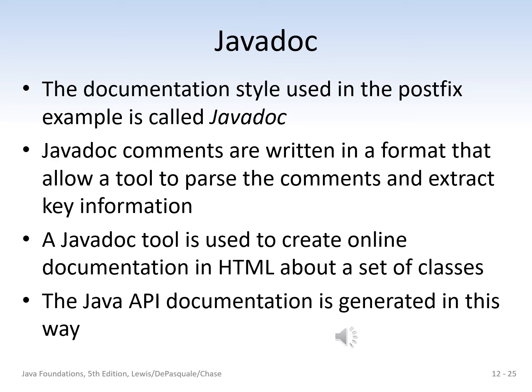The documentation style that we used in the postfix example is called JavaDoc. JavaDoc comments are written in a format that allows the JavaDoc tool to parse the comments and extract key information, which is used to create online documentation in HTML about a set of classes.